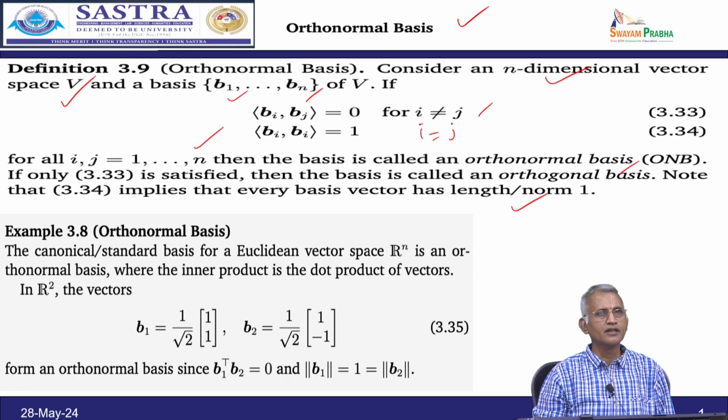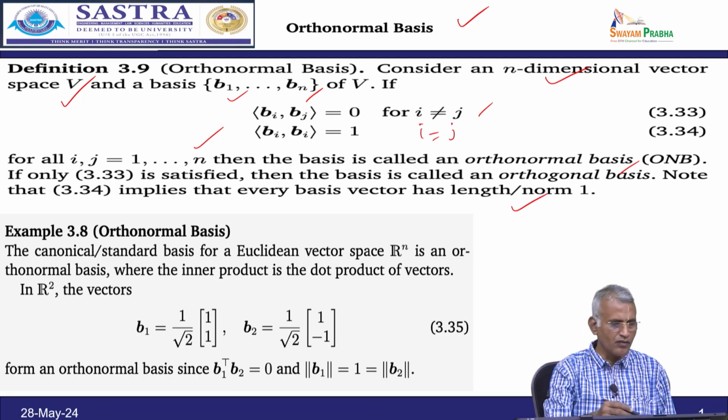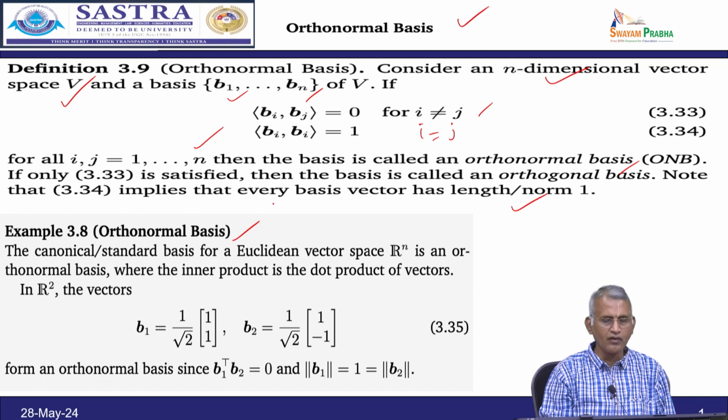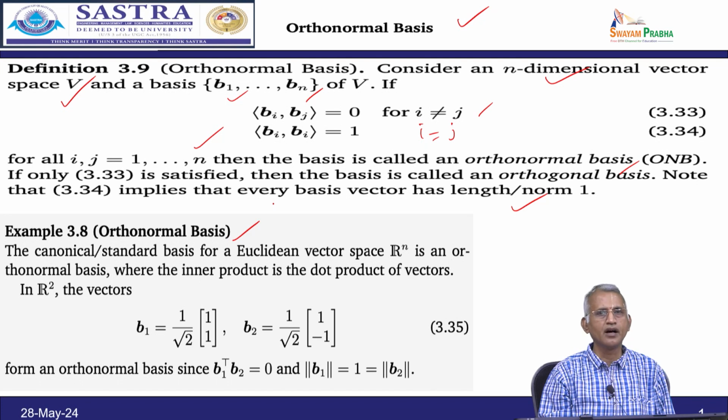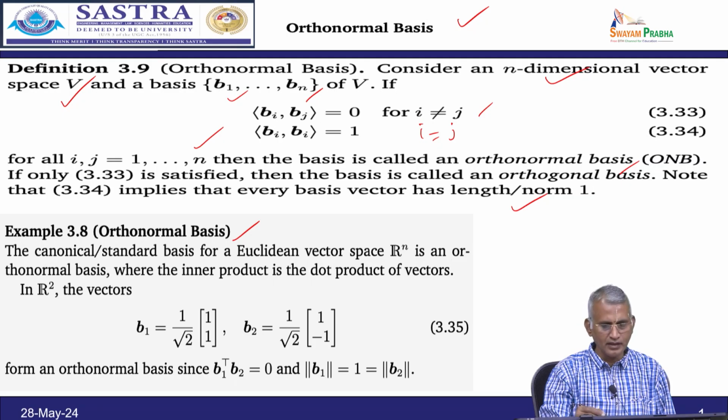Now, based on this orthonormal basis, let us discuss one example. The canonical standard basis for a Euclidean vector space R power n is an orthonormal basis where the inner product is the dot product of the vectors.